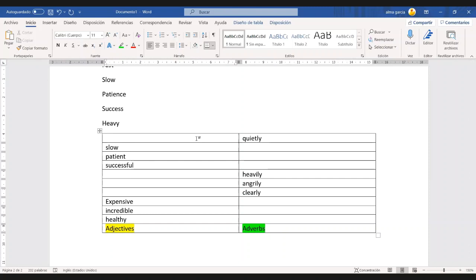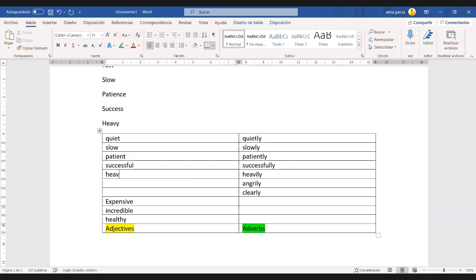Quiet. Right. If we have slow as the adjective, what would be the adverb? Slowly. From patient, the adverb would be patiently. If we have successful as an adjective, as an adverb, successfully. Now, if we have heavily as an adverb, as an adjective it will be heavy.